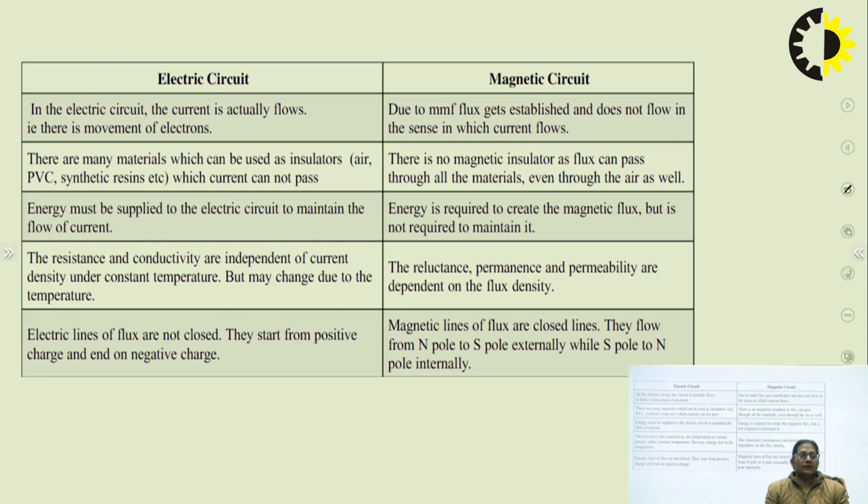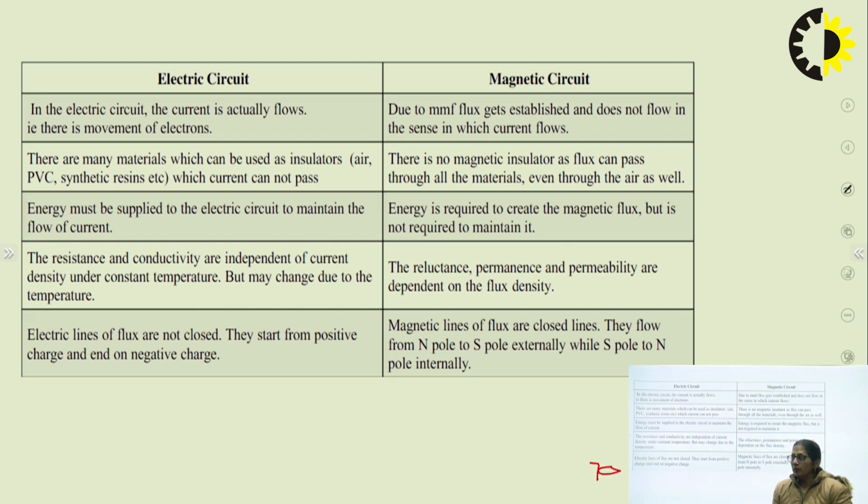Another one: there are many materials which act as insulators in an electrical circuit, through which the current can't pass, like air, PVC, synthetic resins, which cannot have current flowing through them. Whereas in a magnetic circuit, there is no perfect magnetic insulator. So the flux can pass through all the materials and it can even pass through air as well. That's why we have small air gaps, right?